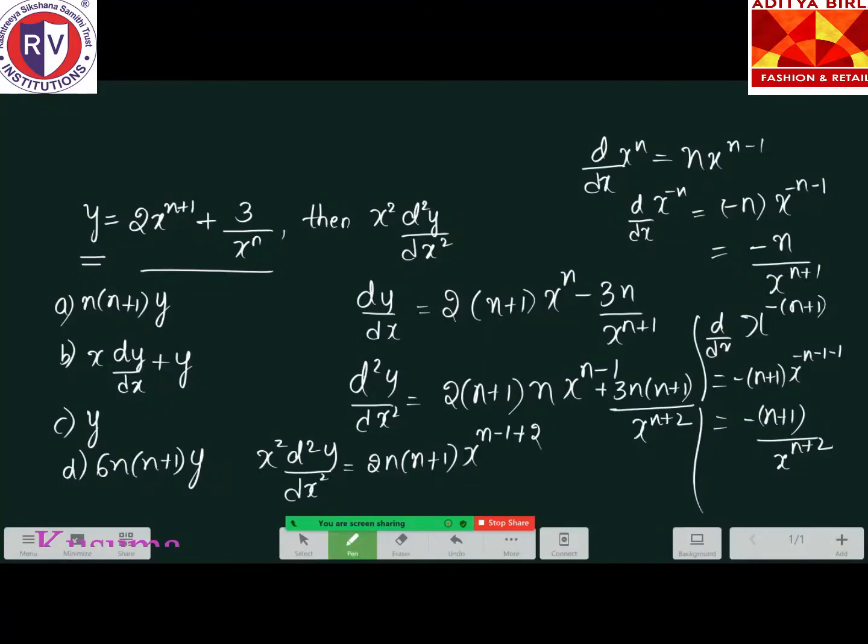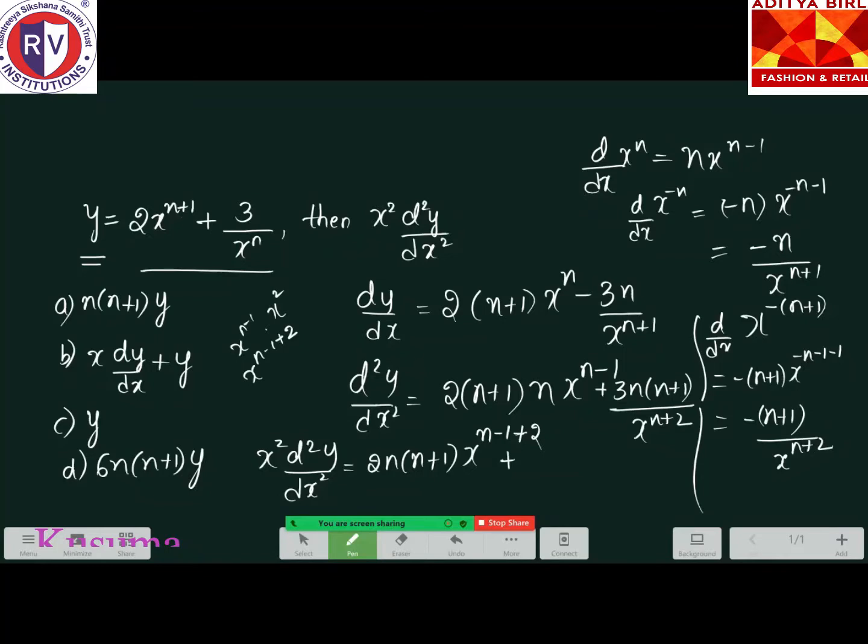Can we write it like this? See here, x to the power of n minus 1 into x square. Since the bases are the same, we can add the powers. So this will be x to the power of n minus 1 plus 2. That is what I have written here.